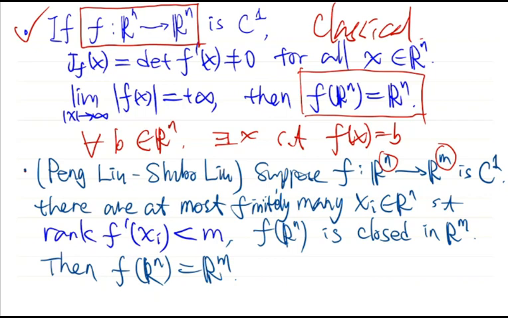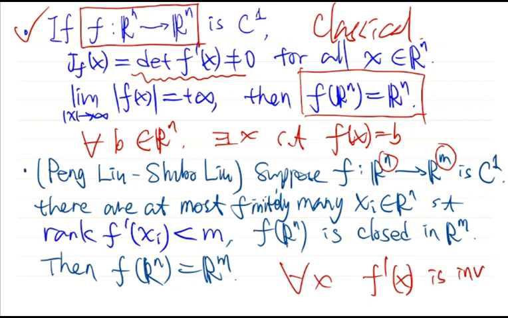Firstly, our result allows the dimensions of the source and the target to be different. The other thing is that in the classical result, they require that at every point the Jacobian determinant is nonzero. This means that for any x, this square matrix is invertible. Invertible means that the rank is n, the dimension of the target space. Of course, this is also the source space, because the classical result dealt with the case that they are equal.